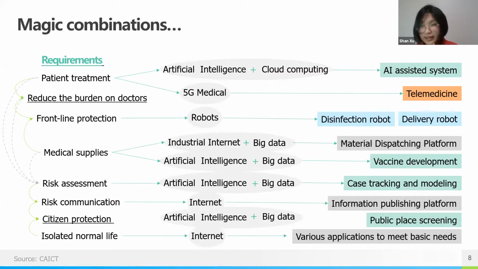And meanwhile, effective production and dispatching could also be a strong support for the frontline workers. And besides, case tracking, statistics platforms, and public place sharing could also actively help with risk assessment and risk communication, and protect ordinary people, reducing the risk level of their home society.